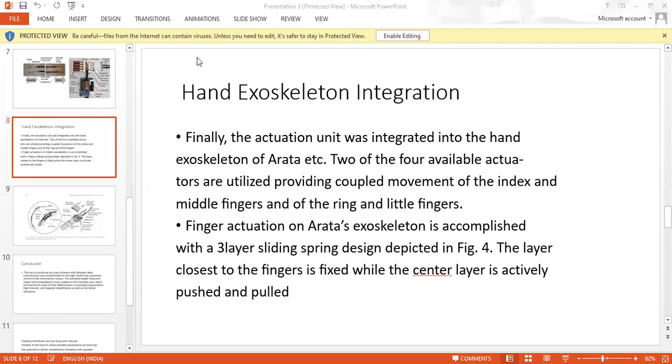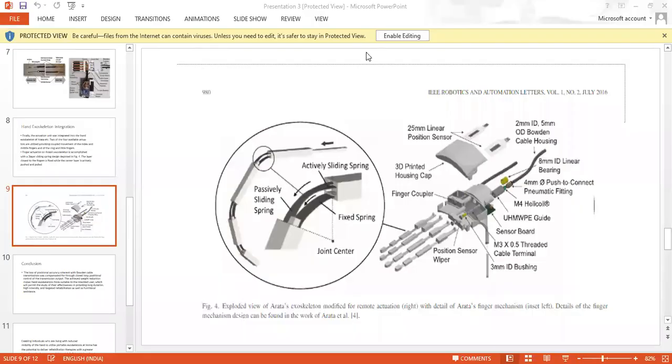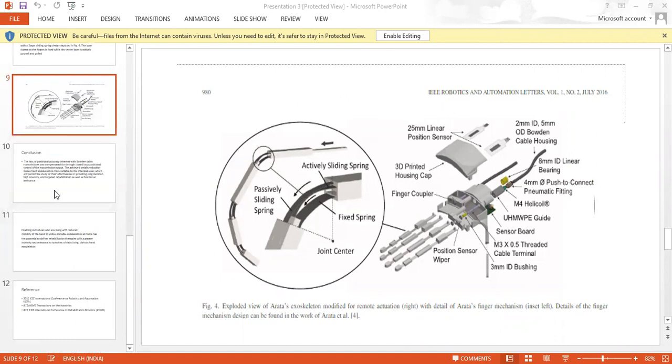The next slide is the picture of the hand exoskeleton integration. Here is an exploded view of Arata's exoskeleton modified for remote actuation, the right side for the right hand, with details of Arata's finger mechanism, which can be found in the Arata paper.